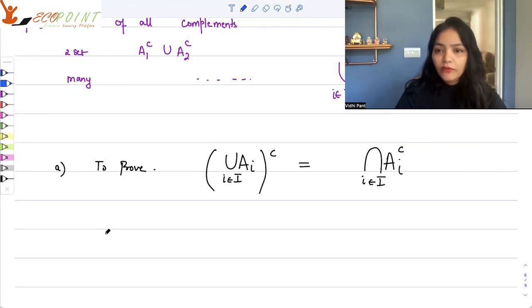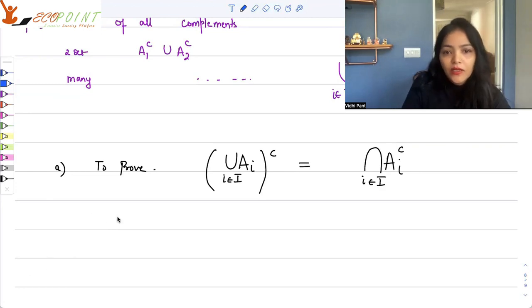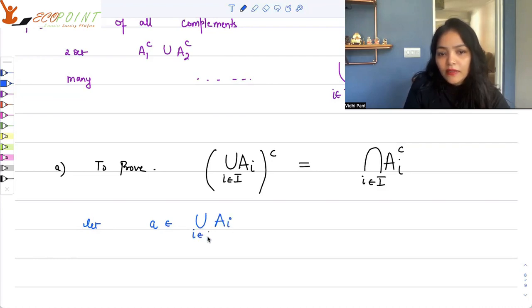Let's make use of elementary set theory here and prove it. So let there be some element, say a, which belongs to the complement of the union of A_i, i belongs to capital I. Now, when is this possible?